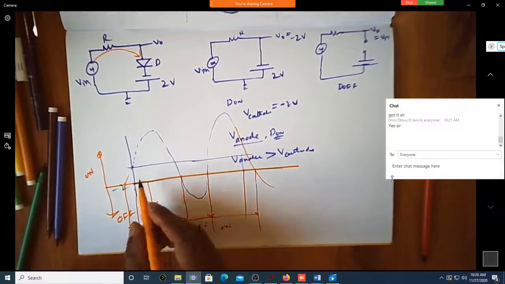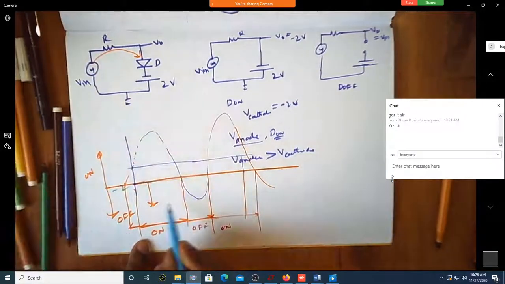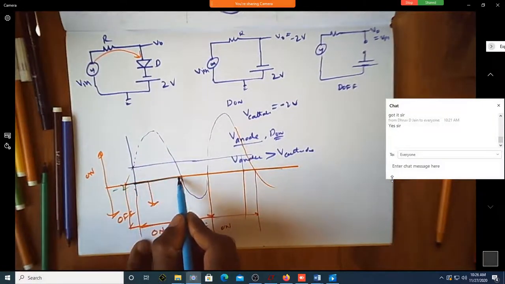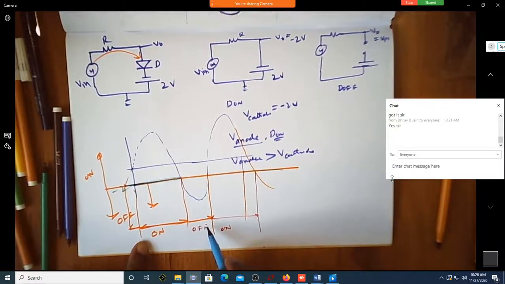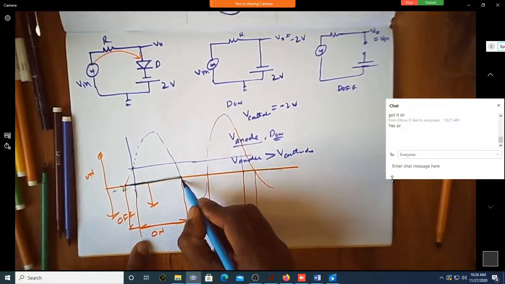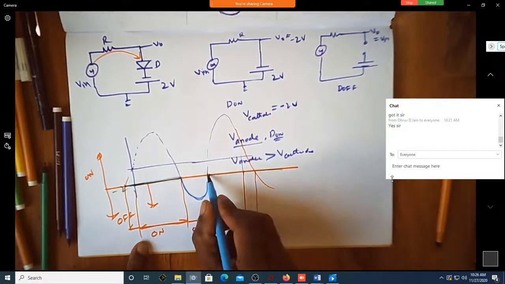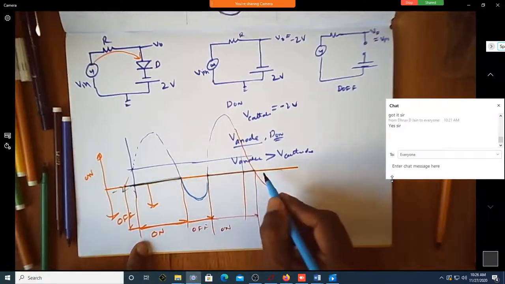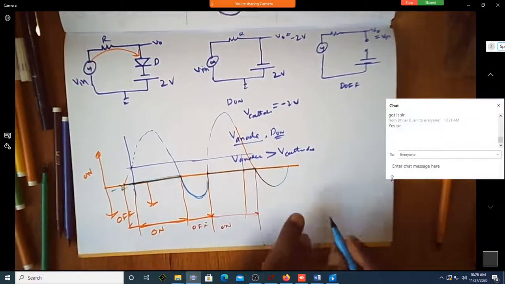-2 volt. Is it now -2 volt here? Correct? Then when it is off, it will follow the path V in. Will it follow? How about this? -2 volt. Is it something like this? Do we get a waveform?